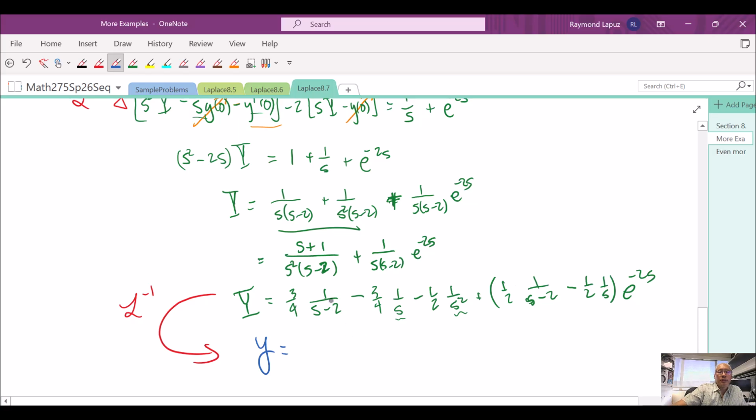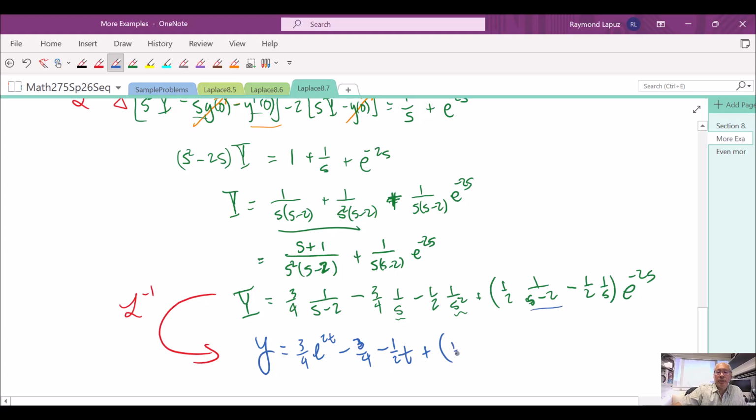We get y is equal to, this is a 3/4 exponential to t. This is a minus 3/4, 1 over s, that's just going to be 1. And then this is going to be 1/2 t. And now here's the shift.